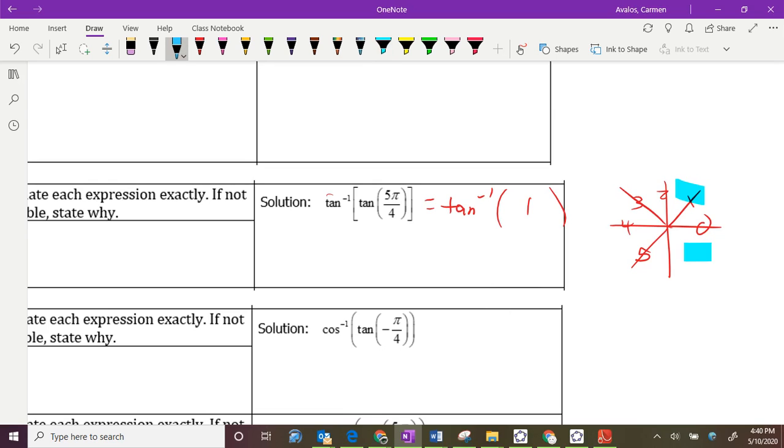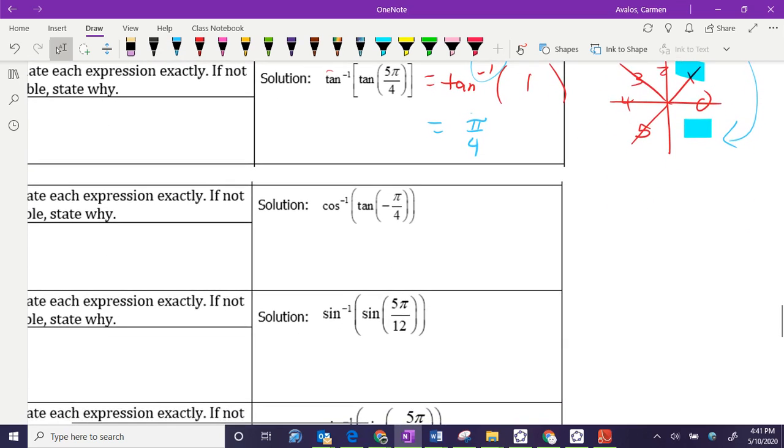So your answer to this is not going to be 5 pi over 4, because anytime you have an inverse, it's going to be in one of those. So it's either going to be -45 or +45. In this case it's pi over 4, because my angle given here is in radians, my answer should be in radians as well. And it's pi over 4 because tangent inverse is restricted to these two quadrants.